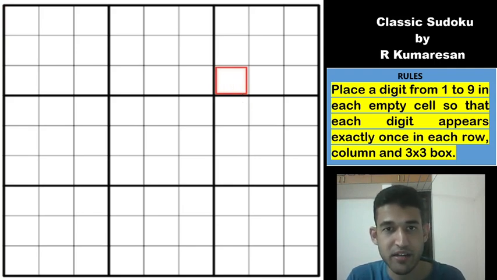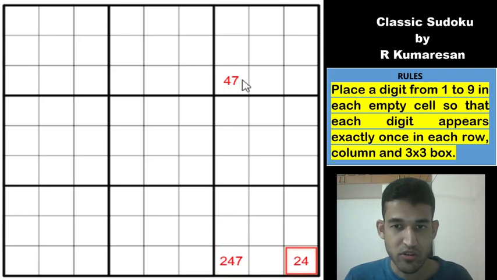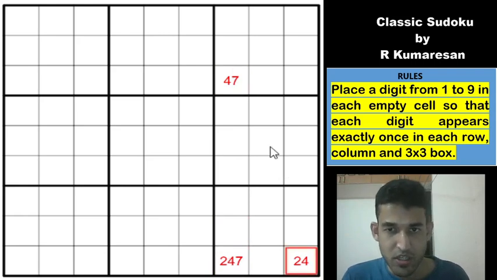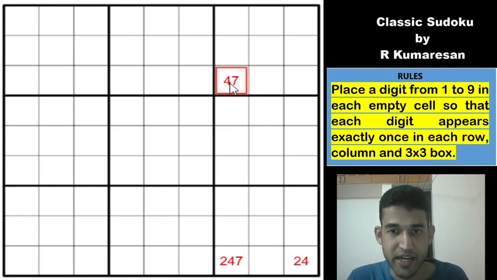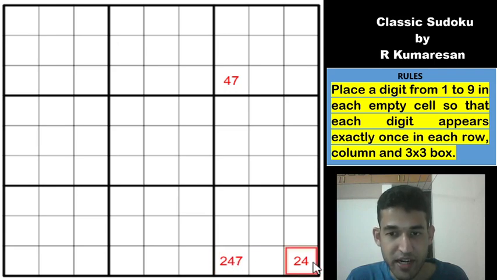I'll write in red. So let's say we have a 4, 7 maybe. This is a 2, 4, 7 maybe, and this is a 2 and 4. So this pattern: you have a candidate AB here, A is 4, B is 7, a candidate ABC here, and a candidate BC here.